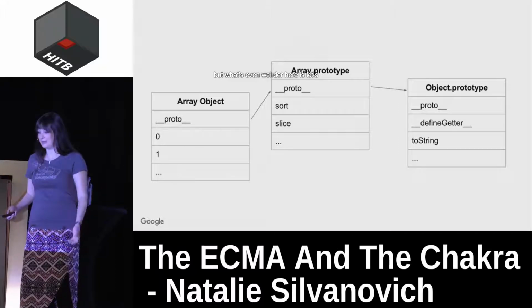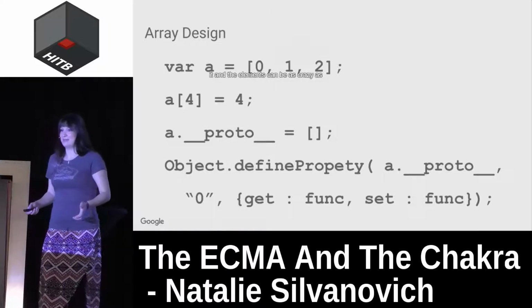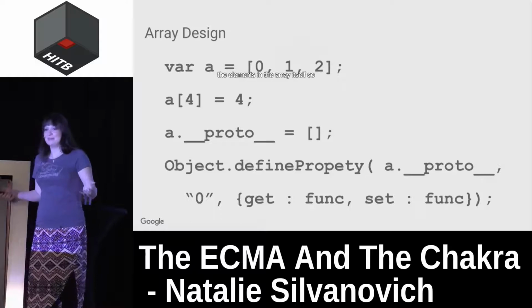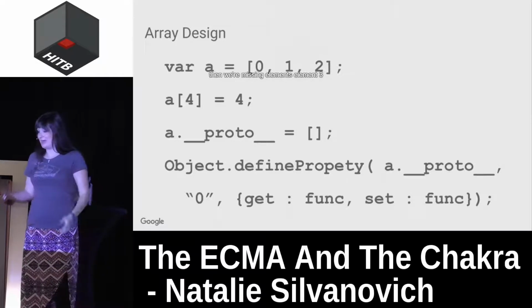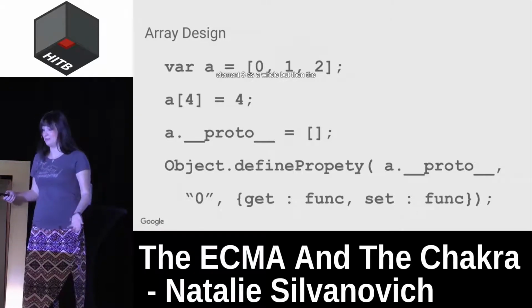So the array has a proto to object, and then that gives you all the typical object features like toString. But what's even weirder here is, let's say you have an object with a prototype. That prototype can also have elements in it. And the elements can be as crazy as the elements in the array itself. So let's say we have this var array A, and then we're missing element 3. Element 3 is a hole.